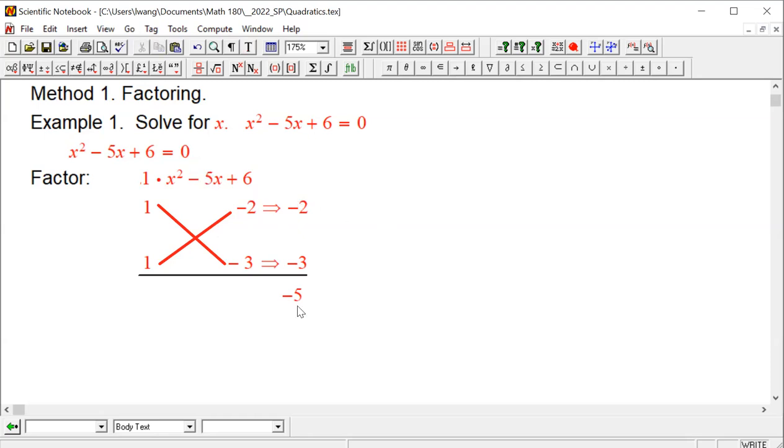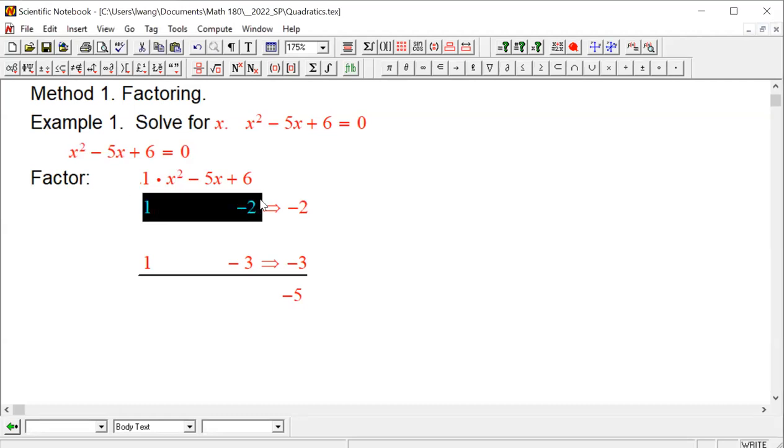You cannot have +5, because +5 does not match -5. You have to match -5 precisely. Once the match is made, we can construct our factors.